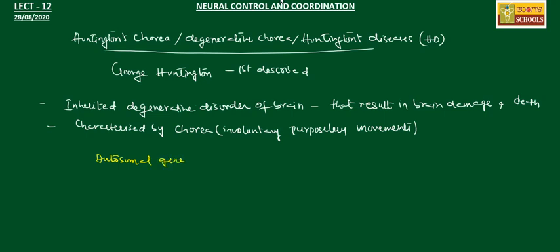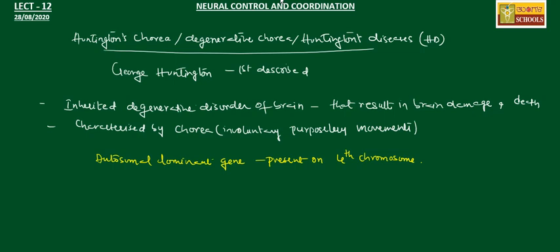This disease is caused by an autosomal dominant gene that is present on the fourth chromosome.